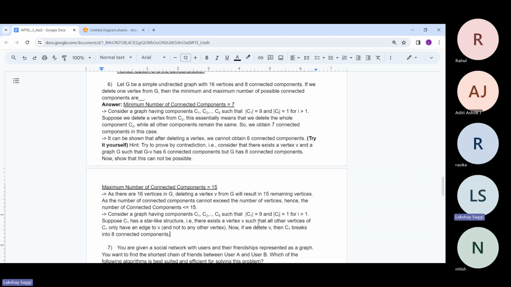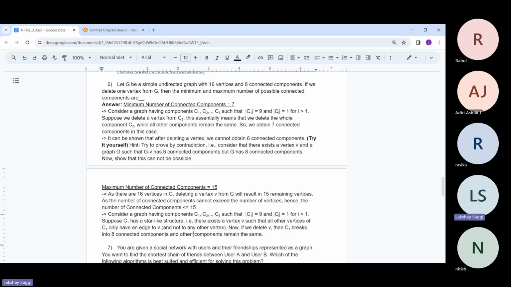And other components remain the same. So essentially C2 to C8 remain the same, whereas C1 now breaks into eight components. So from deleting V, we obtain eight components from C1 and these seven components as it is.